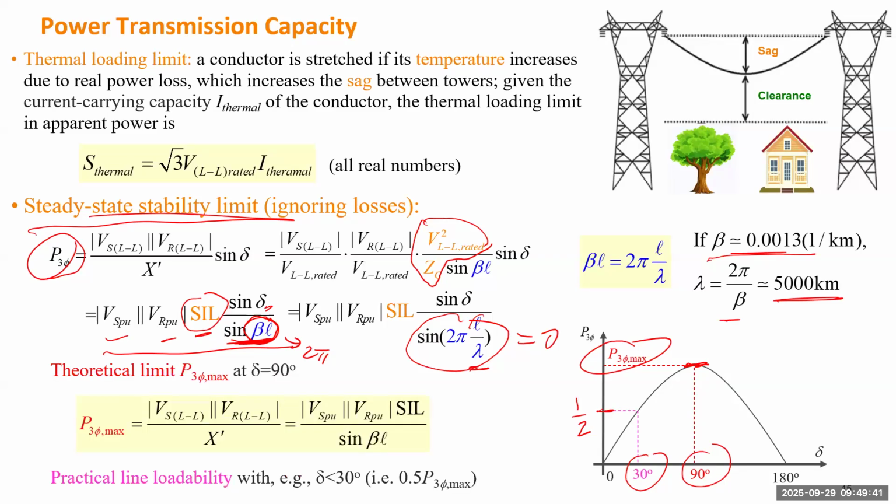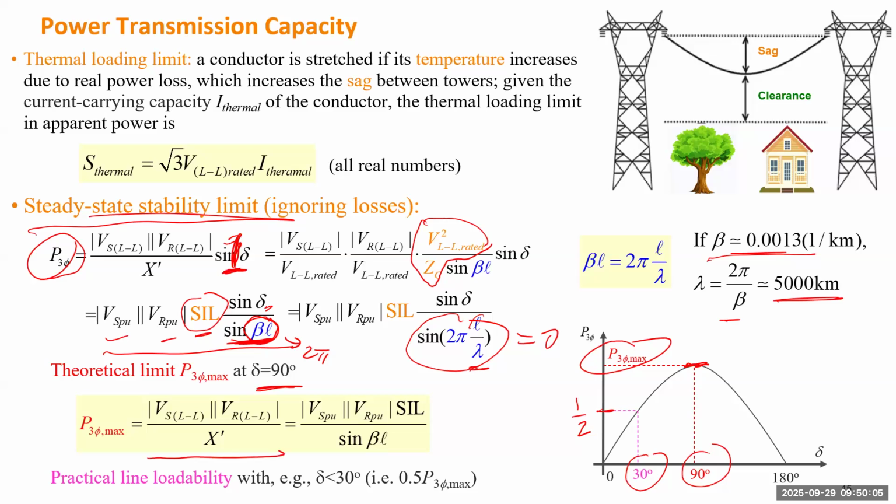Okay, so we just defined the theoretical limit of the three-phase power as the power at 90 degrees, when the angle takes 90 degrees. So we'll just replace this sine delta by 1.